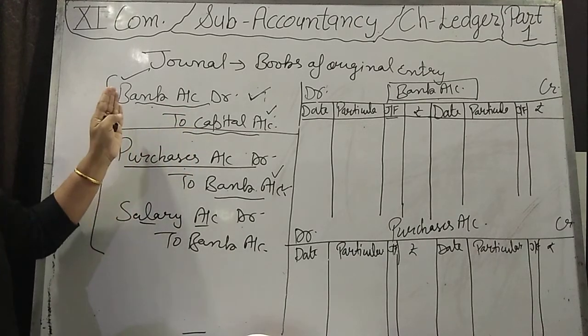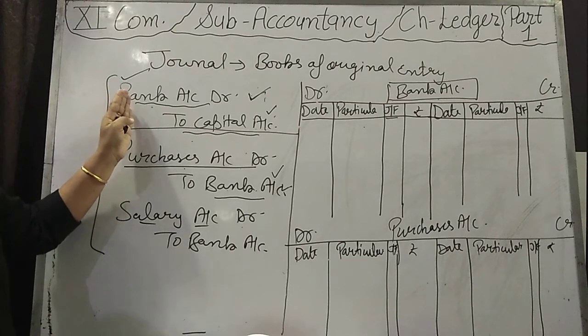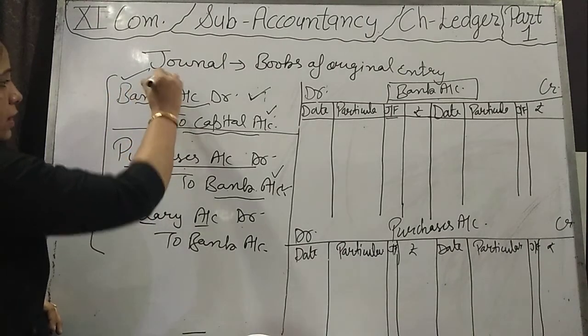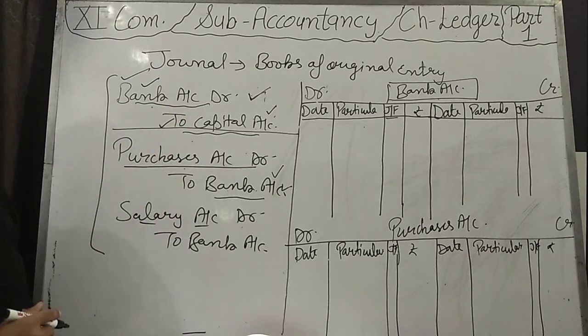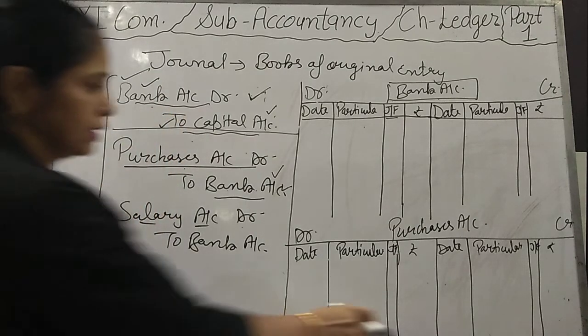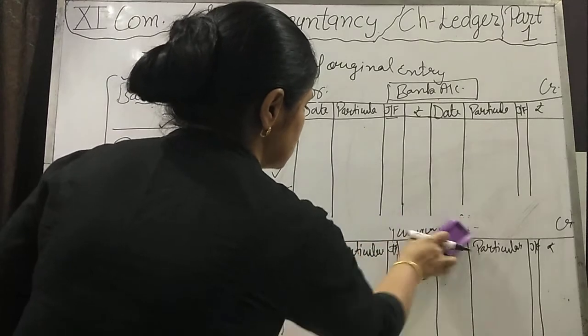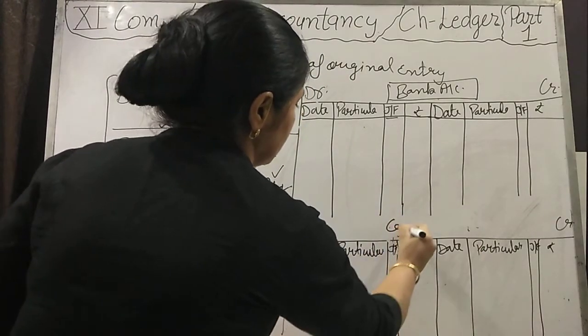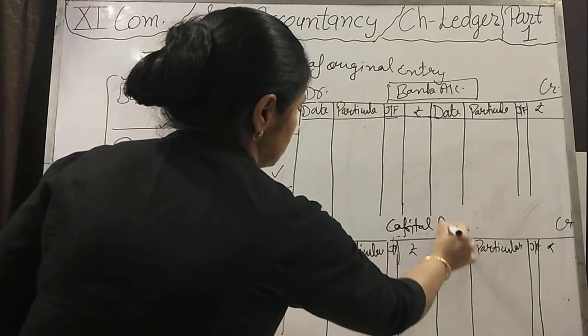We will do the posting of this journal entry in 2 accounts, one in bank account and one in capital account. Okay, like I have written purchases here, but we need capital account on second number, capital account.